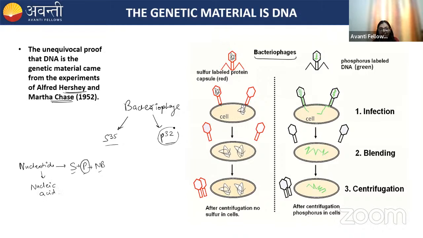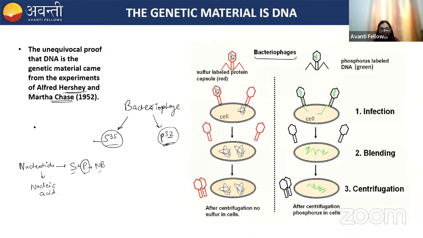So phosphate, which is radioactively labeled, will get incorporated into the viral DNA. Why? Because the phosphate is present in nucleotide, and if we radioactively label the phosphate, this phosphate will get incorporated into the viral DNA.